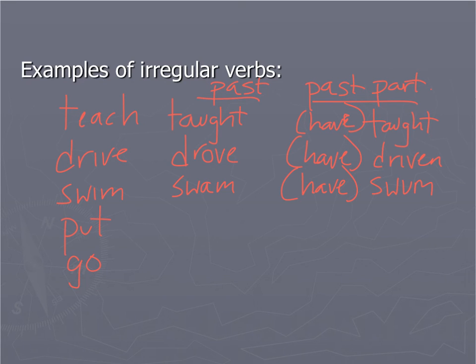And then we have the past for put. It's actually going to stay the same. Now go is the strangest verb of them all. The past of go is going to be went. And the past participle, we're going to have, and it's going to be have gone.